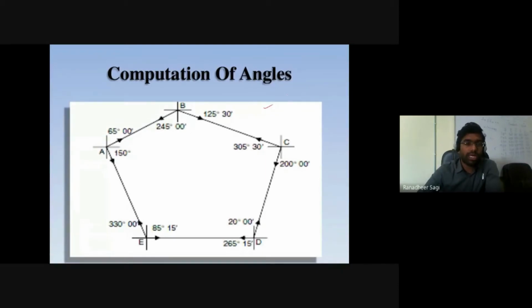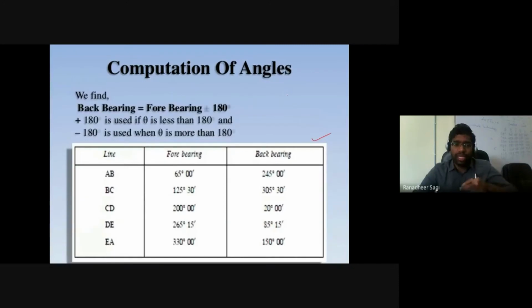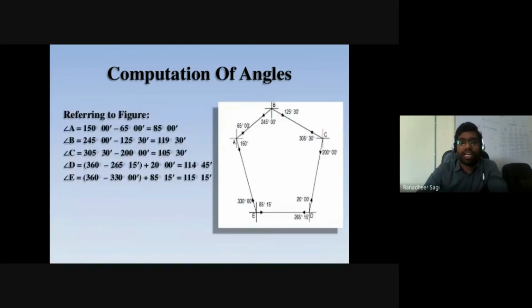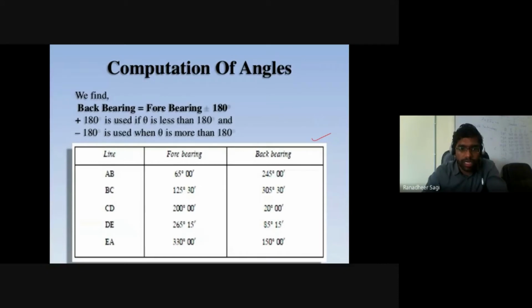If you want to understand more clearly, just look at it. A to B, the fore bearing is 65 degrees. That is this angle, 65 degrees. And for the line EA, the back bearing of that line EA is 150 degrees.